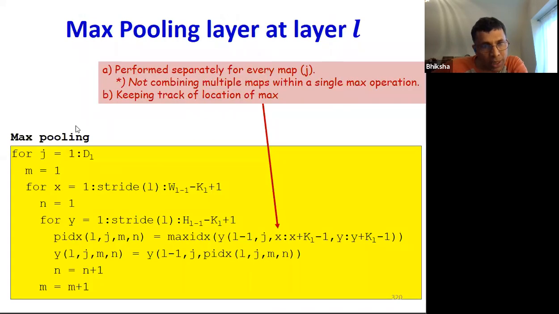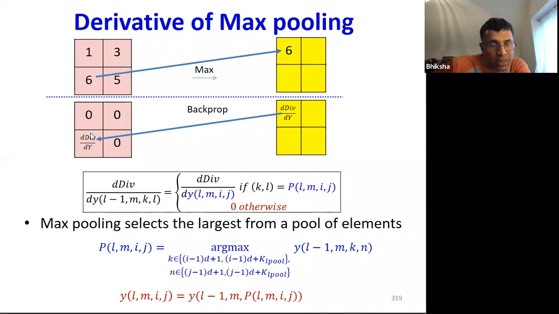It's very straightforward. And this is performed independently for every map, right? Now there's one thing. If I just write out something of this kind, there's something broken about this equation. Can somebody tell me what that is? What's wrong about this equation?